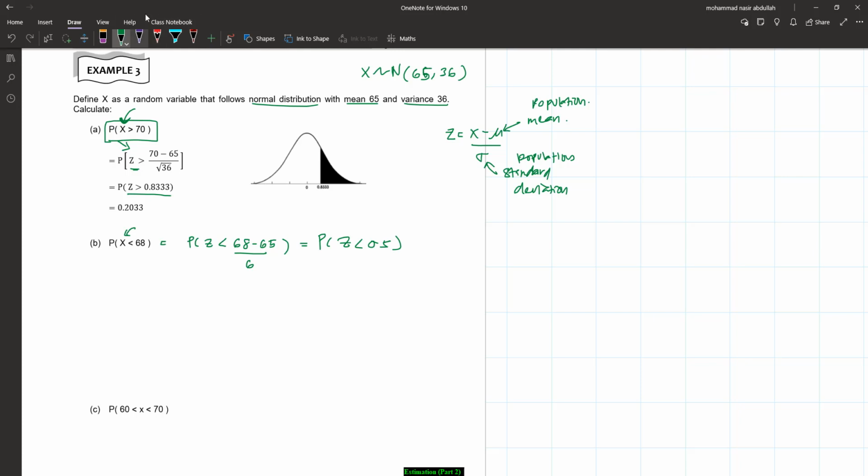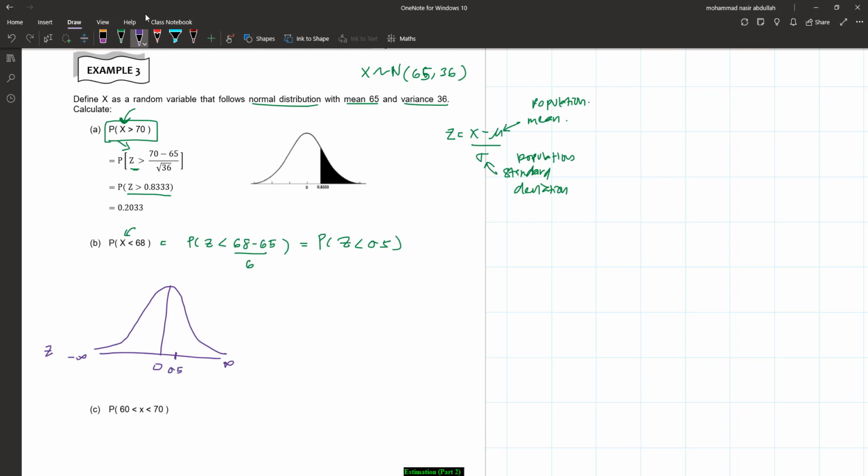So where is 0.5? Okay, draw the standard normal distribution curve. This is 0, from negative infinity to infinity. This is z, so 0.5 is somewhere here.